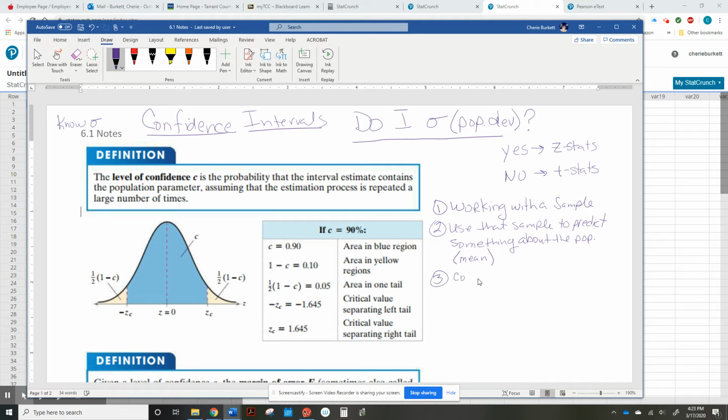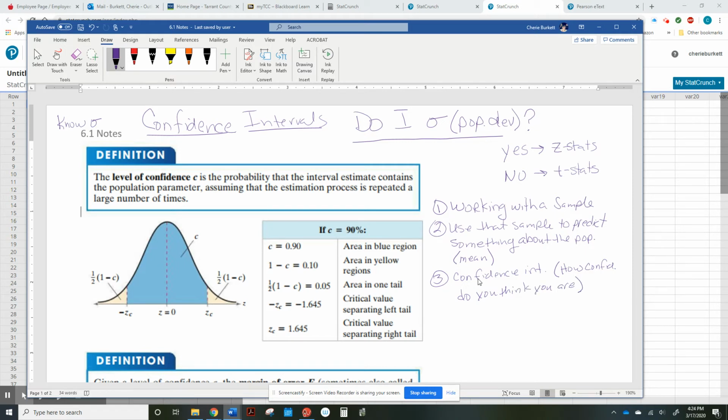Your confidence interval is basically how confident do you think you are?